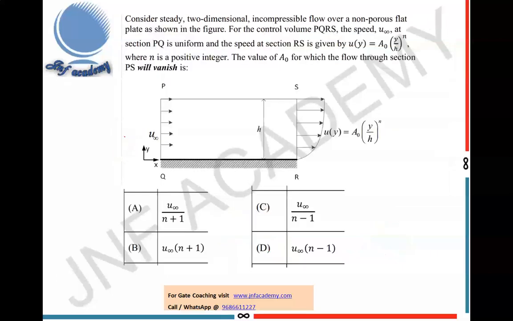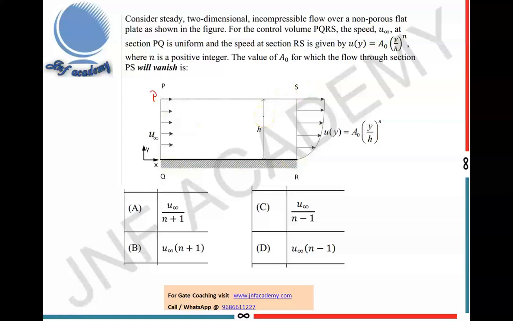Yes. Coming to this question, consider a two-dimensional incompressible flow over a non-porous flat plate as shown in the figure. For the control volume PQRS, so here the control volume is PQRS. So this entire rectangle-like shape is the control volume. So PQRS, okay.